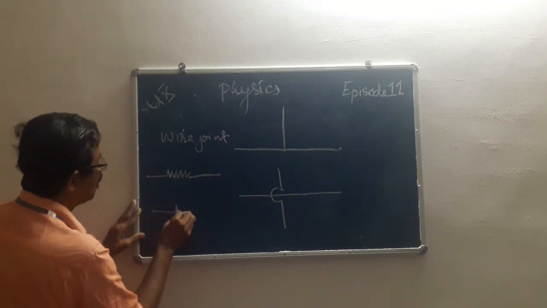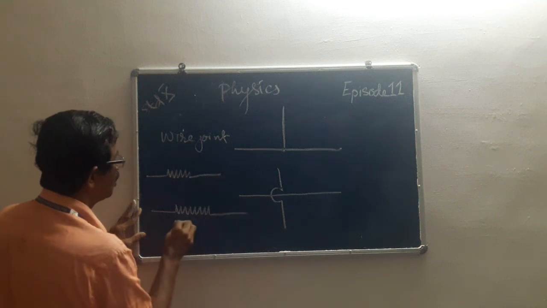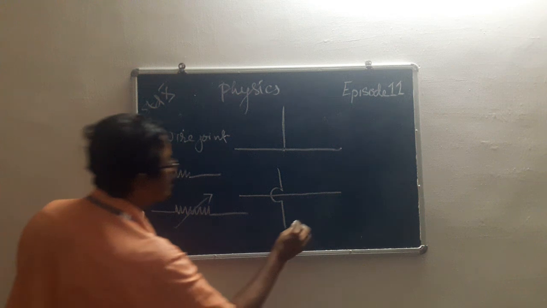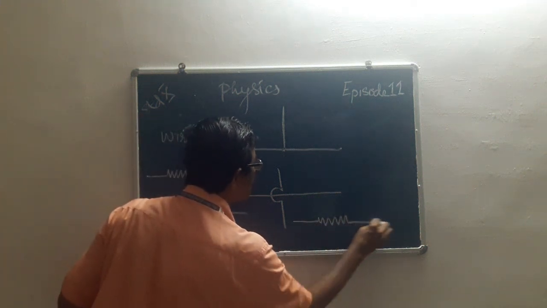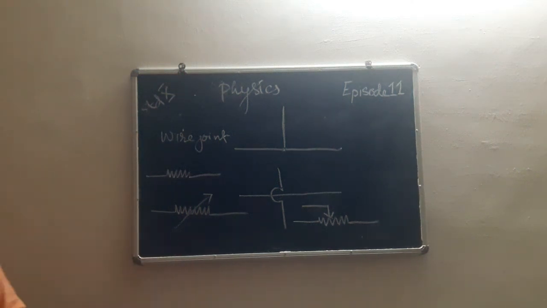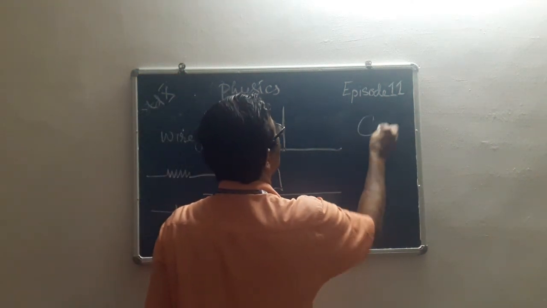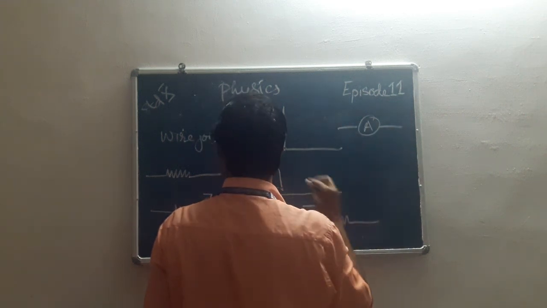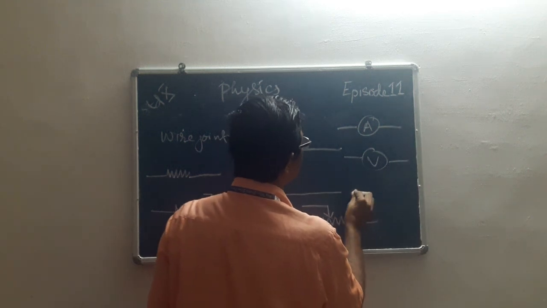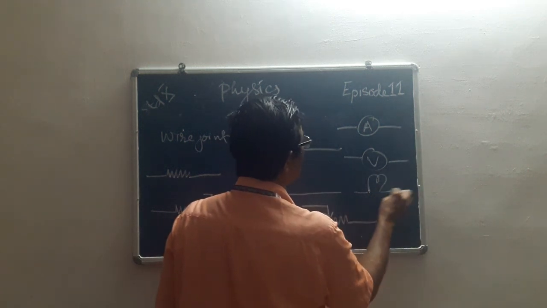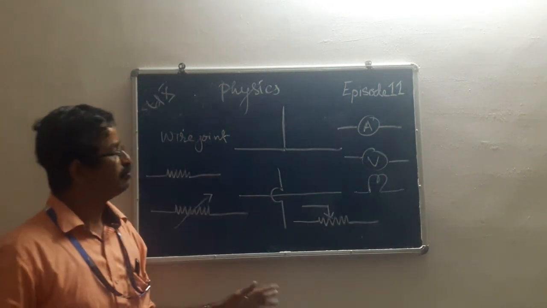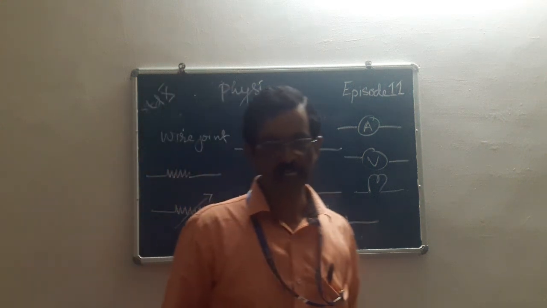Then the variable resistor, and this symbol is also used to represent a variable resistor. Then the symbol of the ammeter. Then the symbol of the voltmeter. Then the symbol of the bulb. These are all we discussed today. With this, we can conclude today's class. Okay.